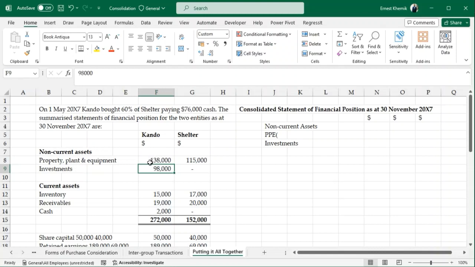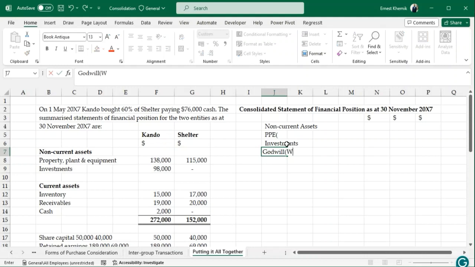It might be an investment outside of the group, so that's why I've put my investment here. That is the first trick for you. So the first thing is actually read the question first. Then after that you can draw up the pro forma consolidated financial statements, in this case the consolidated statement of financial position. So we have our investments there. Then we know that we have to have a goodwill, and that is going to be our workings 3. All right, so that is it.